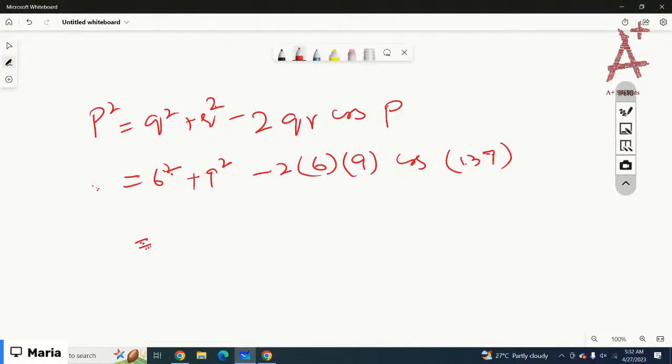Okay, let's just calculate the values. 36 plus 91 minus 2 times 6 is 12 and 12 times 9 is 108.